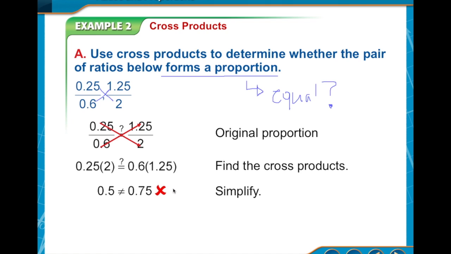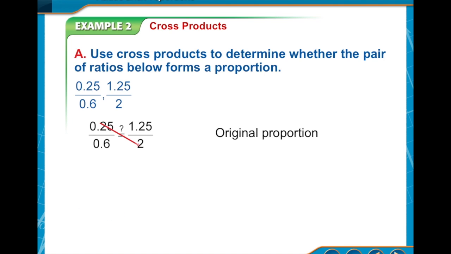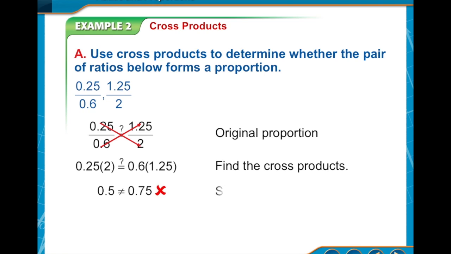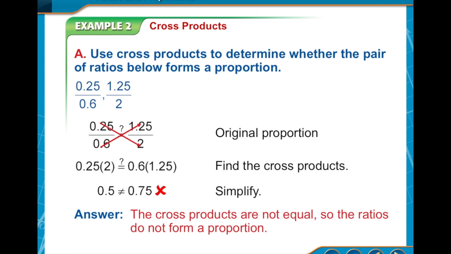Since they are not the same, to answer our question, does it form a proportion? In other words, is it equal? We say, no, it's not equal. No, it does not form a proportion. And that is our answer for 2A. We did the cross product, we found the decimal, and we said no, they're not equal, so the ratios do not form a proportion.